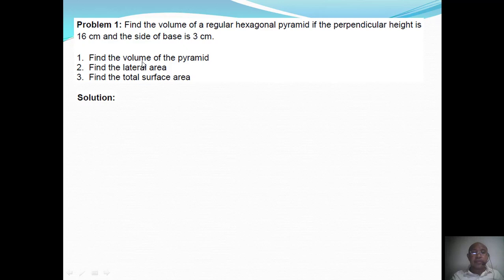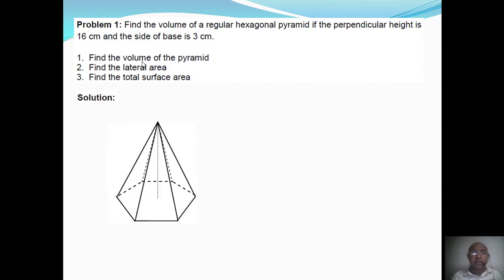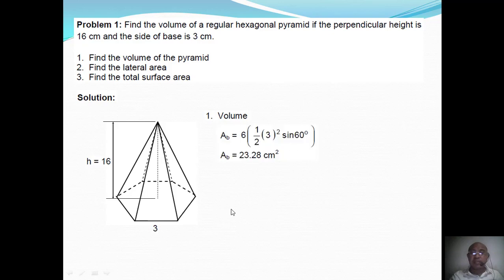Okay. So I can consider the regular base, the hexagonal base. So this is a hexagon with base edge 3 cm. Then the perpendicular height is 16. So the area of the base is 6 times the area of the equilateral triangle.